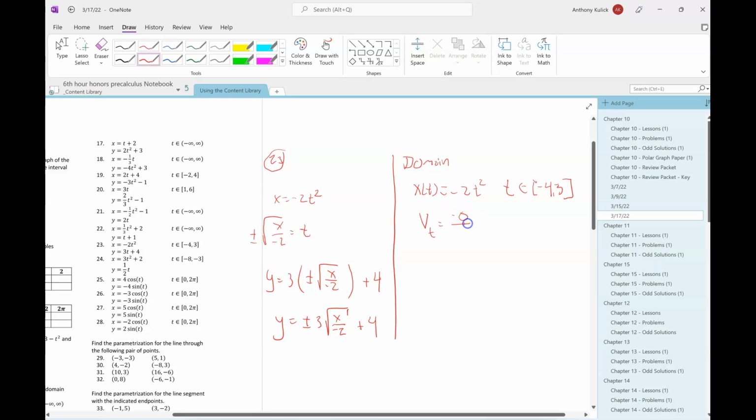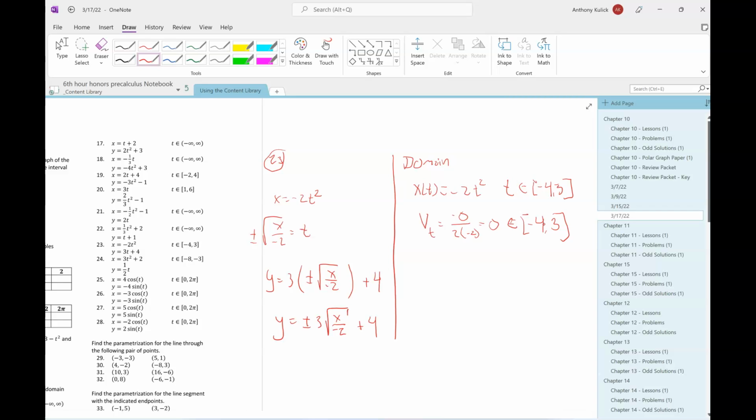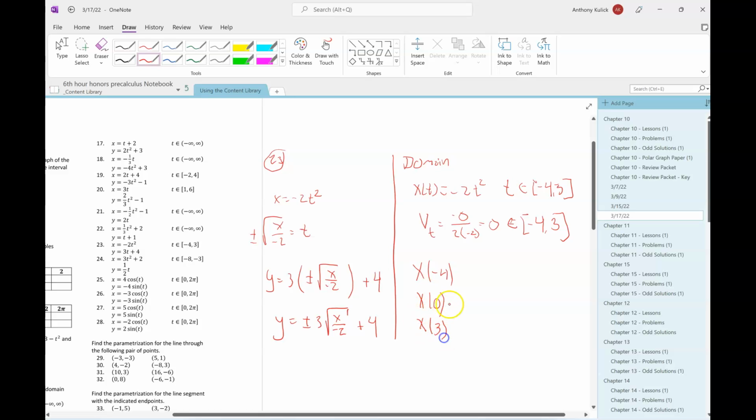Well, there's no linear term, so the b is 0. And I noticed that t value is inside the interval for my parameter, so I do care about it. If that vertex was like 7 or something, I could care less, but it is in the interval, so I do care about that. So I need to find x of -4, x of 0, and x of +3. So the 2 endpoints and the vertex.